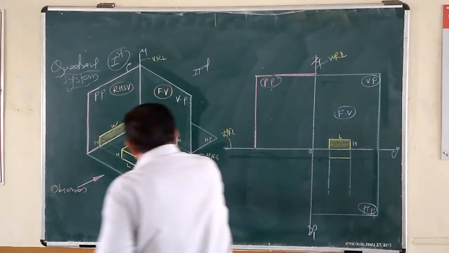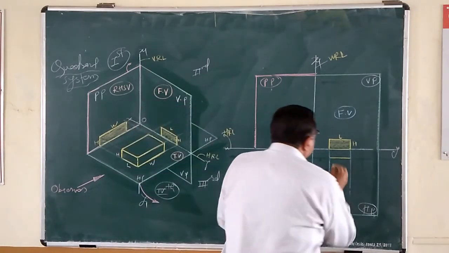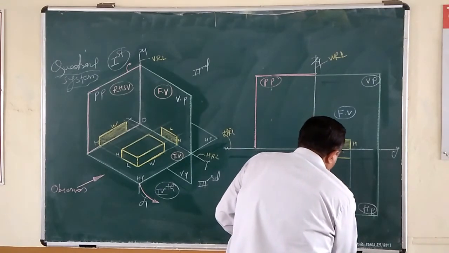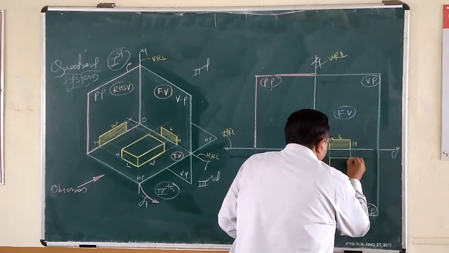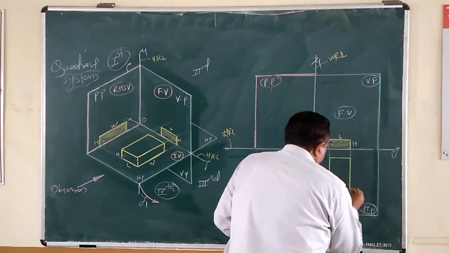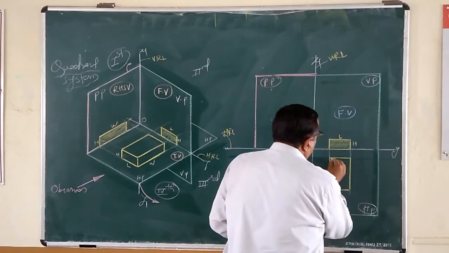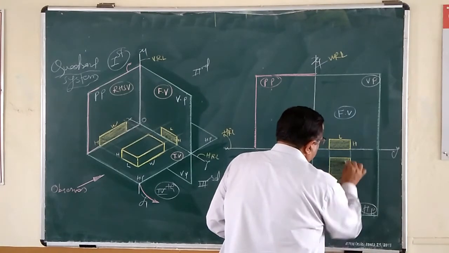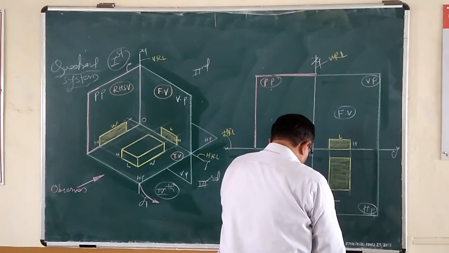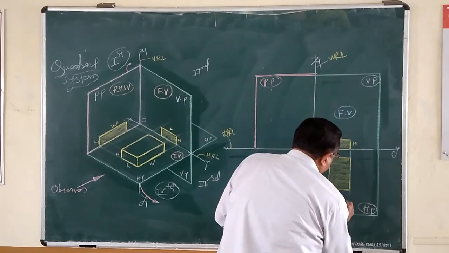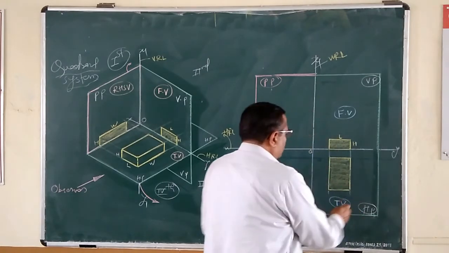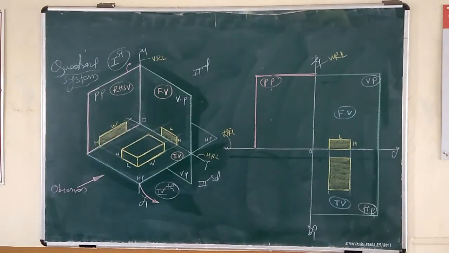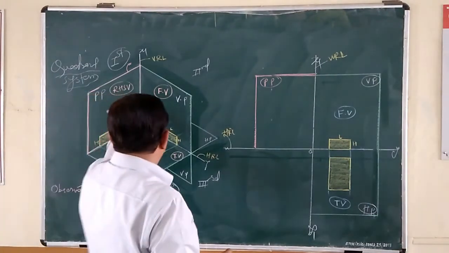You only have to pick this width and transfer that distance, so that L by W, these two prime parameters, will yield us the desired view, which is nothing but its top image. This is the top image, that we have got by default over horizontal, and ultimately its right hand side image, that is over profile.